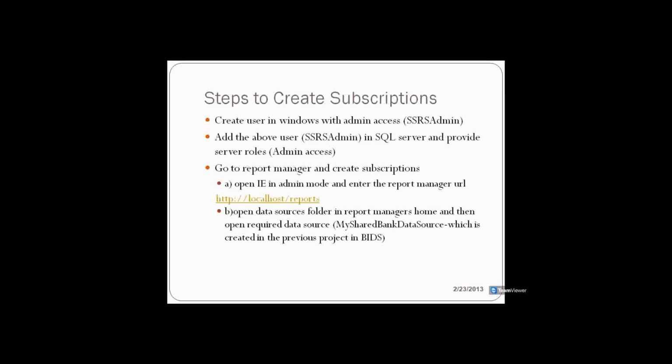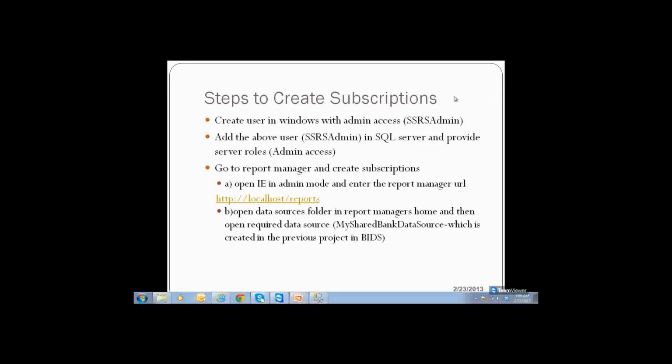If you are using AdventureWorks as the data source, we have to choose AdventureWorks as DB owner. After that I have opened IE in admin mode and connected to localhost/reports. Then open the data source folder in report manager. All these things need to be done later, but at least let us see whether we're able to open the report manager or not.